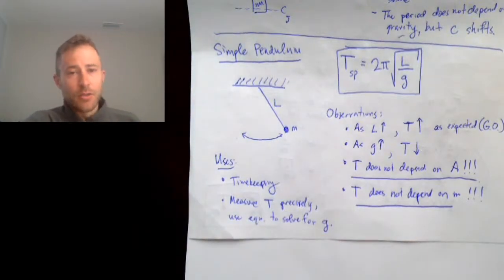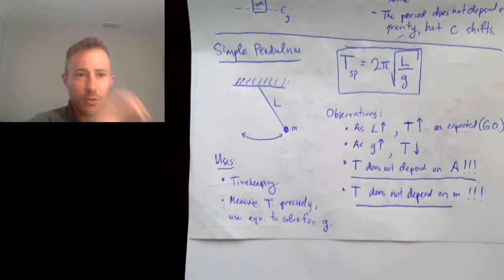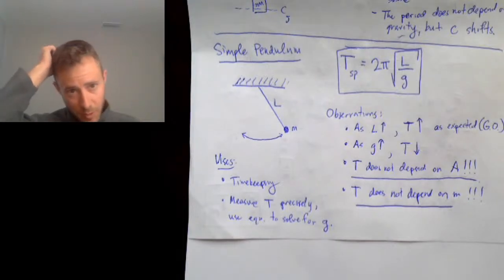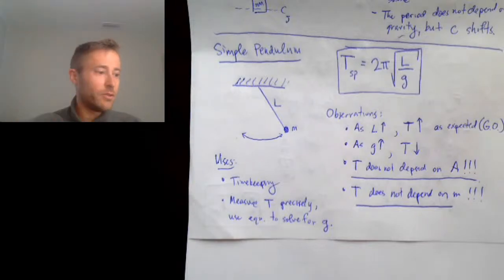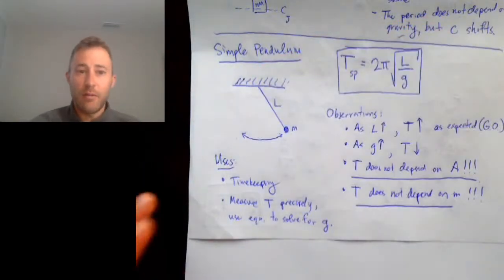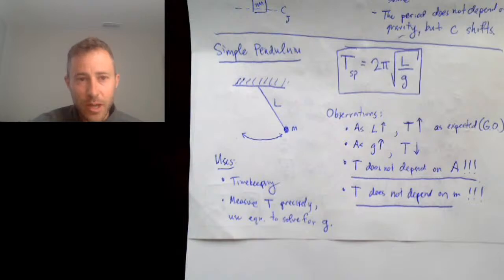Okay? So the simple pendulum is often used to measure gravity. And in fact, if we were in class, that is how we would use the simple pendulum. We would use the simple pendulum, solve this equation for gravity, and we would get something like 9.8 meters per second squared. Okay?